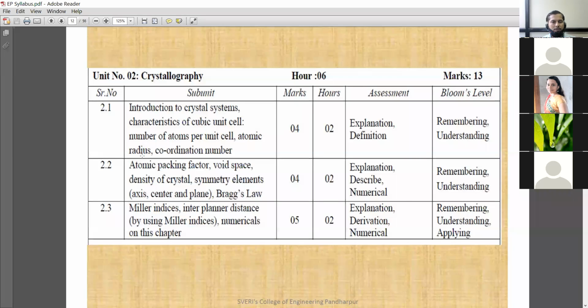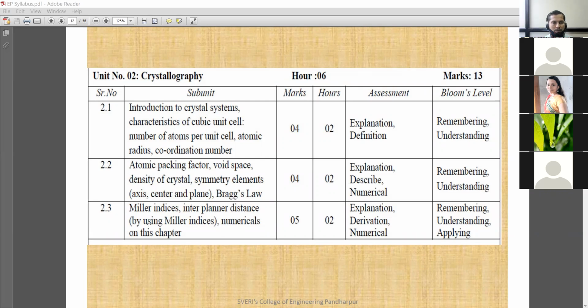Then void space, comma, next density of crystal. Next symmetry elements.